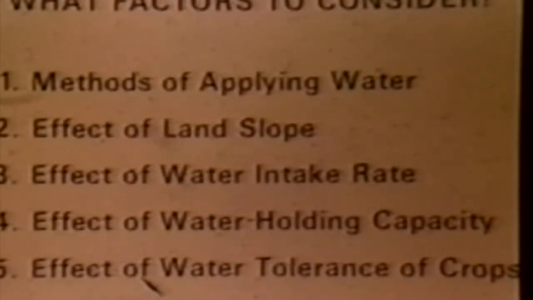When selecting an irrigation method, there are several factors which should be considered. They are what water application method to use, the effect of land slope, the effect of the soil's water intake, the effect of water holding capacity, the effect of water tolerance of crops, and the effect of wind action.